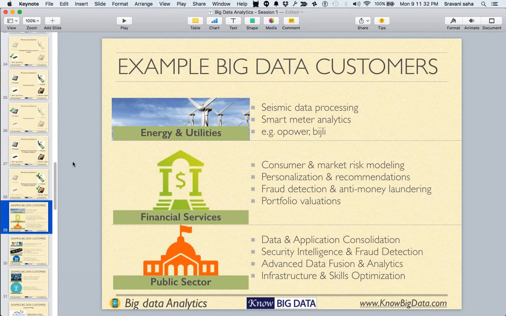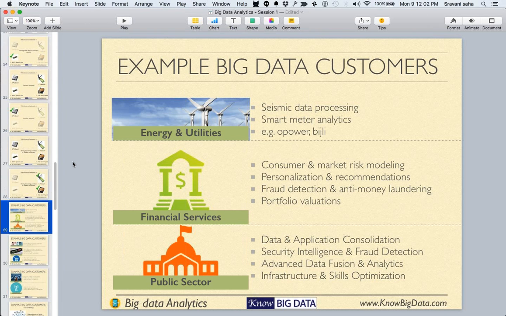For example, there is a company called Bijli and O-Power who are trying to figure out which equipment you use based on the meter, the kind of voltage that you receive at the meter. So there are many companies who are trying to help in the domain of engineering just by big data analysis.